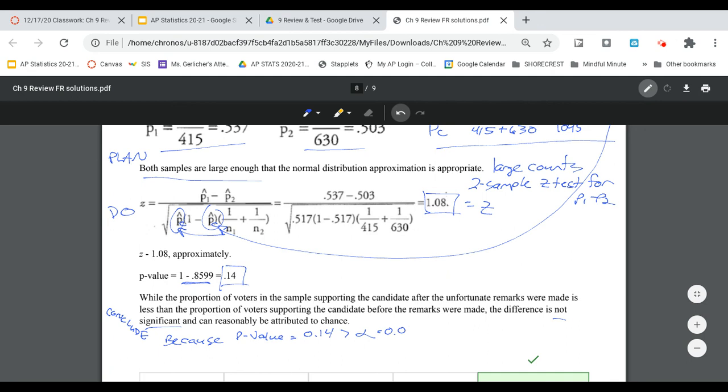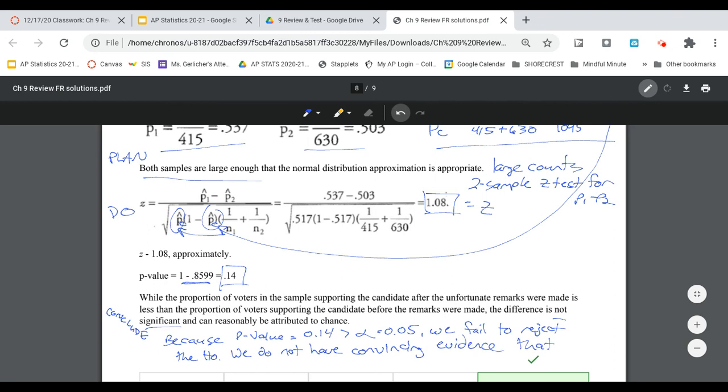Okay. So because the p-value 0.14 is greater than alpha 0.05, our p is not low, right? So we do not reject the H0. We fail to reject the null hypothesis. We do not have convincing evidence. They say statistically significant evidence. Means same thing.